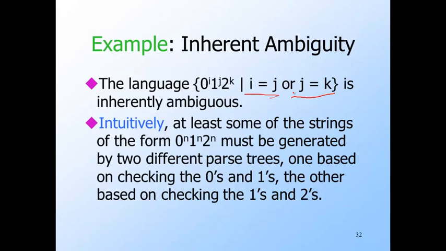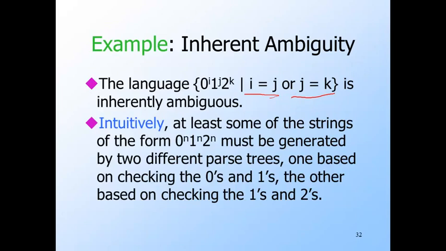In the first derivation, or parse tree, the grammar forces the numbers of zeros and ones to be the same, using the same trick we used to generate a set of strings with the form 0^n 1^n. The grammar can generate any number of twos to go along, but it may happen to generate the same number of twos as zeros and ones.